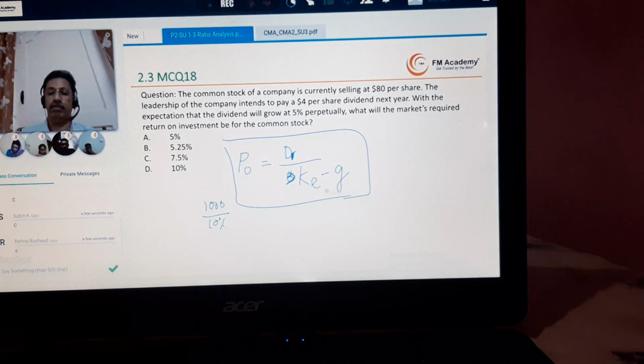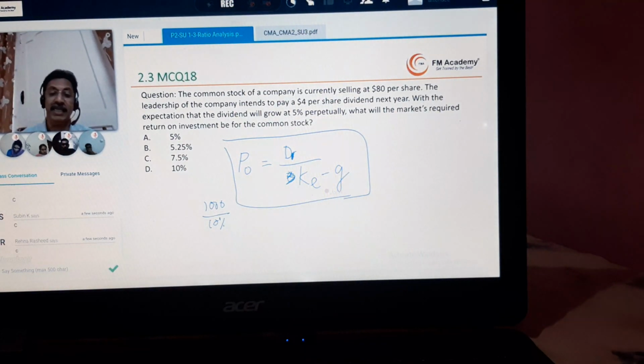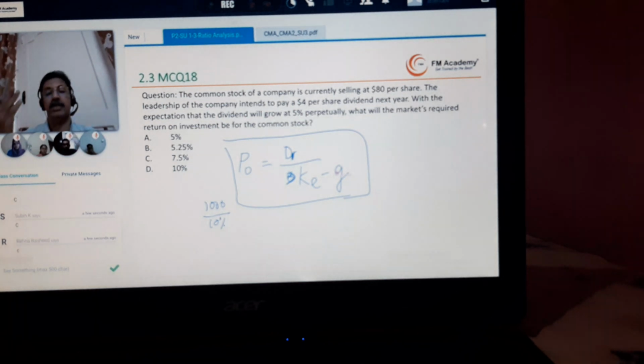If you have a perpetual stream growing at a G rate, then how much is the dividend next year divided by KE minus G? This is the formula. This is from the present value of money concept. This is a valuation formula, valuation of shares, popularized by Myron Gordon.